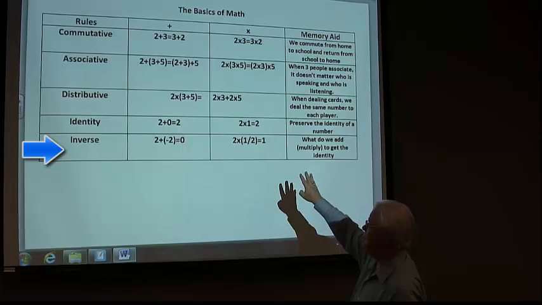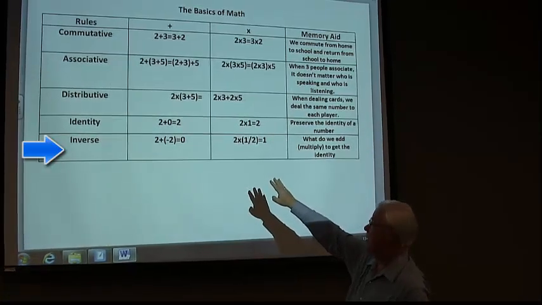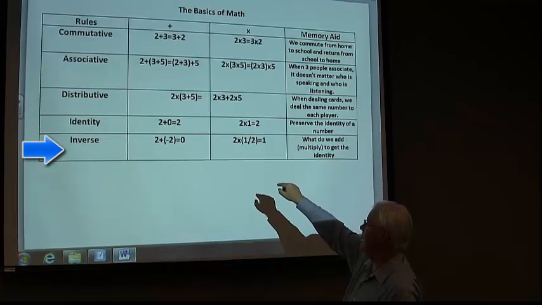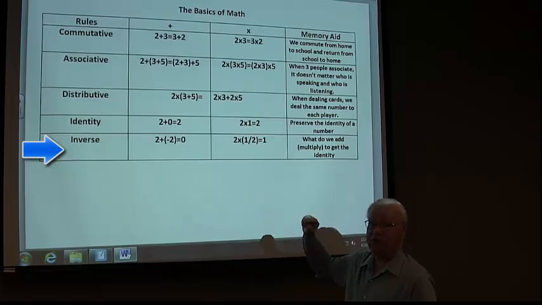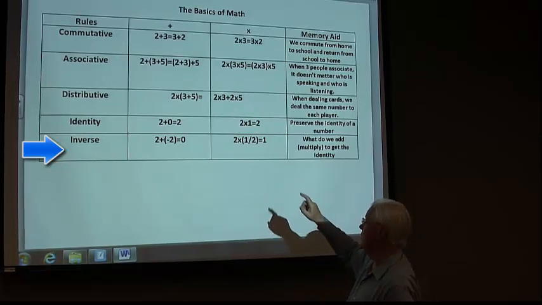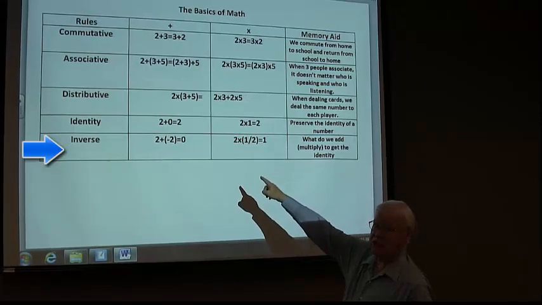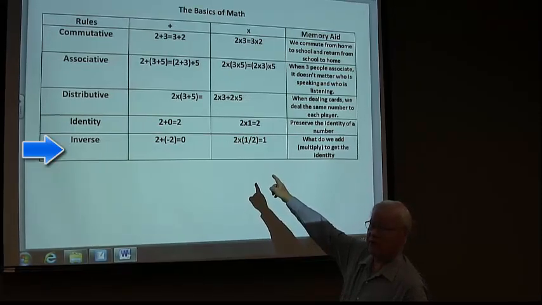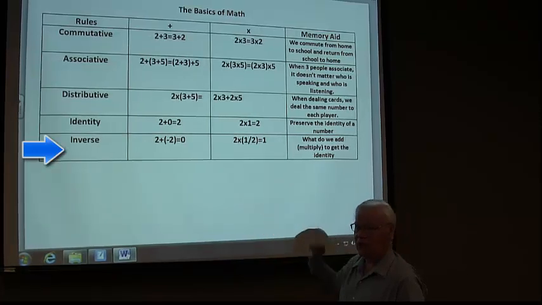We'll go to multiplication. We talk about the inverse. This is where division comes in. 2 times 1/2 gives me the 1. 1/2 of 2 is 1. Well, notice that if I talk about the multiplicative inverse of 1/2, I get 2. The multiplicative inverse of 1/2 is 2 because 2 is the number you multiply times 1/2 and get 1.